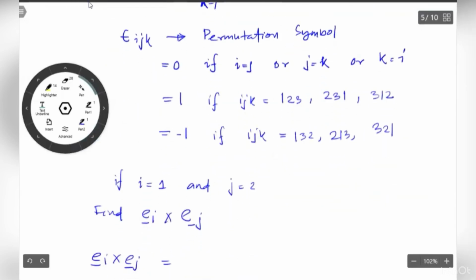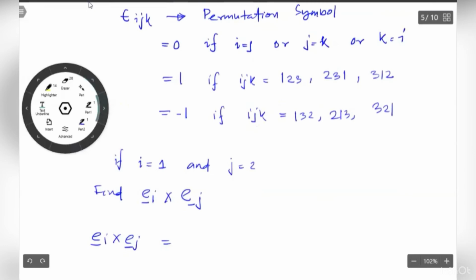Here i, j will be 1, 2, so it is the summation of ek epsilon 1 2 k.